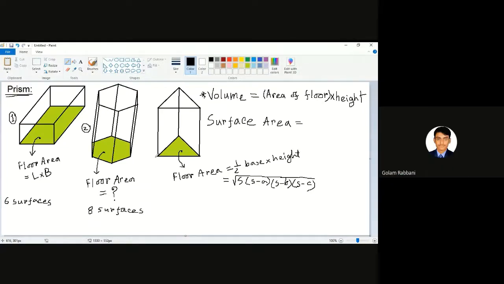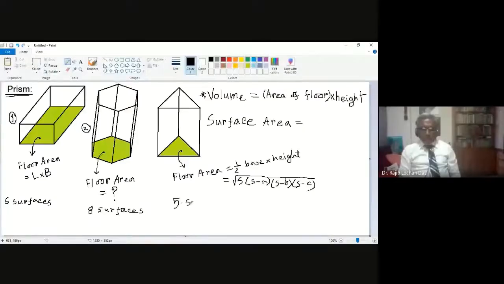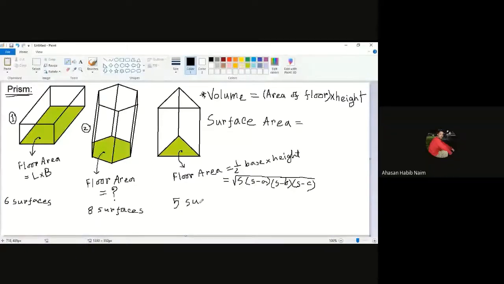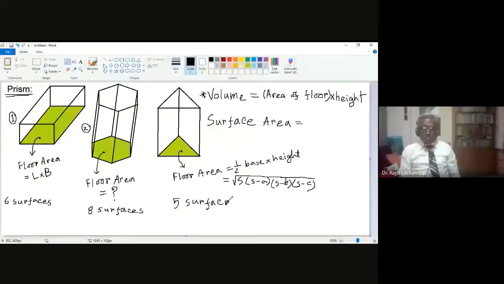Sir, 5 sides. Right, it is not 4, it is 3 and 2, so 5. The upper and lower are the same, and the 3 side surfaces are also the same, but not all 5 are the same. So it depends on the shape.